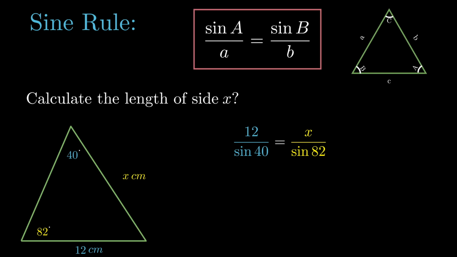This one's a bit easier, so in order to calculate what x is on one side, we can just multiply both sides by sine 82. So on the left side we have sine 82 times 12 over sine 40 is equal to x. Now when we put that into the calculator, our final answer that we get is 18.49 is equal to x. That's our answer. We will now go on to the third example.